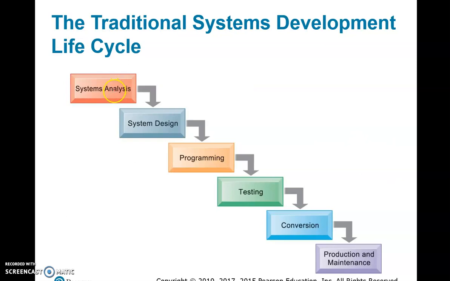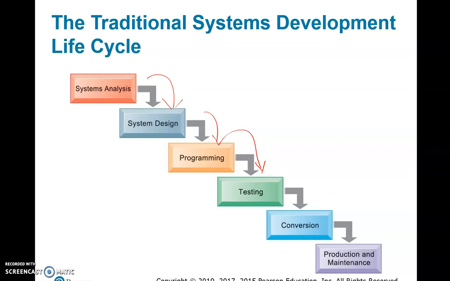Now, the systems analysis people will complete their analysis and give it to the systems design people. The systems design people will take the analysis into consideration and start building the systems, and that is done using programming. Once the programming is done, you have the testing of these programs.